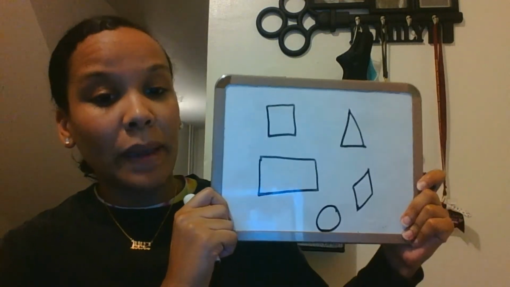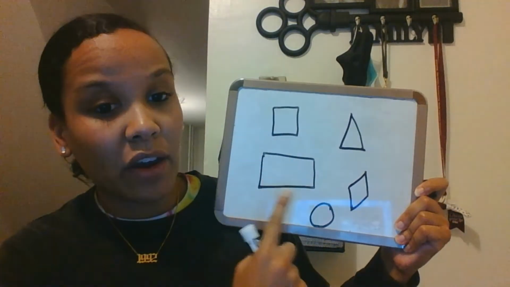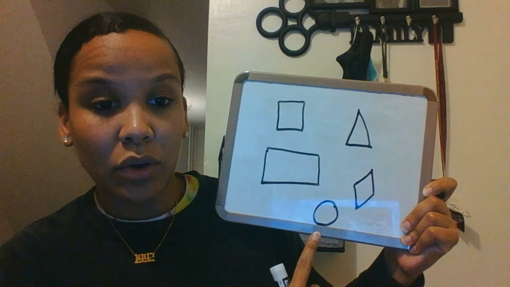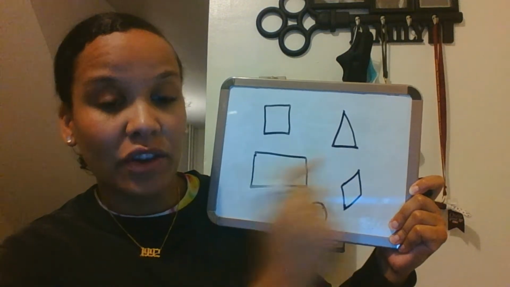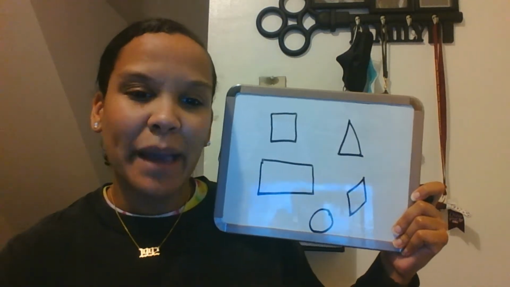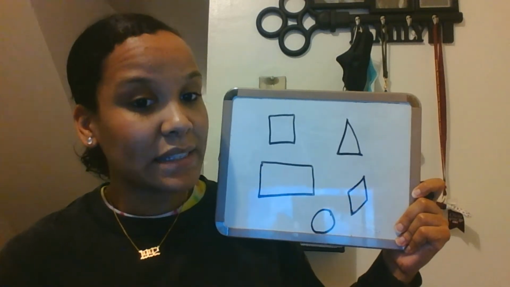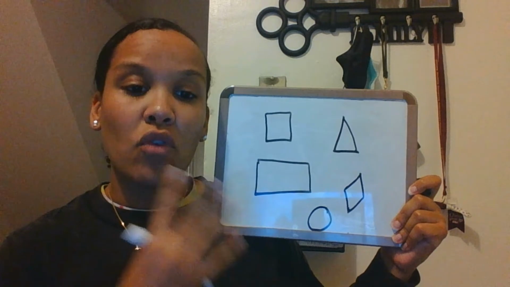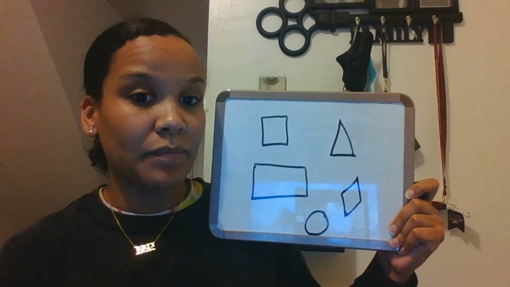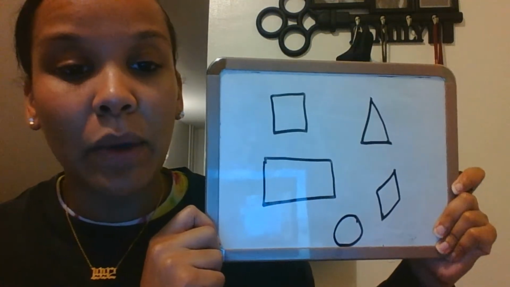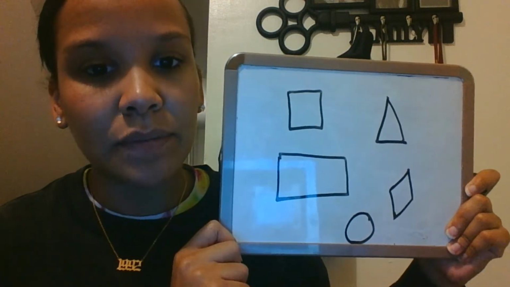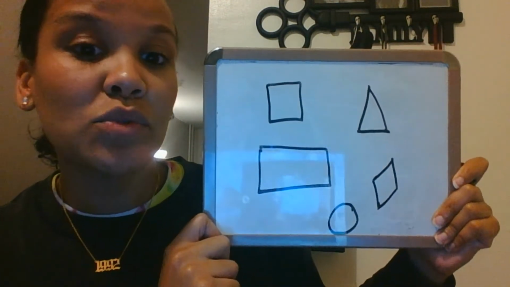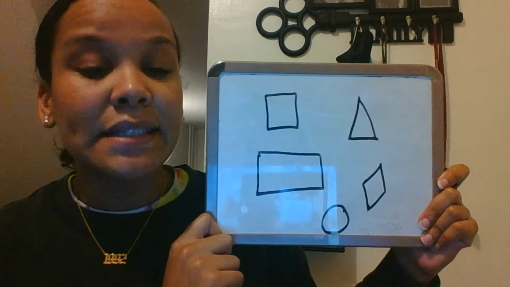So here on my board, I have a square, rectangle, circle, rhombus, and triangle. And now I'm going to ask you to circle the shapes that have 4 sides. So right now, just looking at my whiteboard, see if you can point them out. I'll give you a second to point out which ones you think have 4 sides.